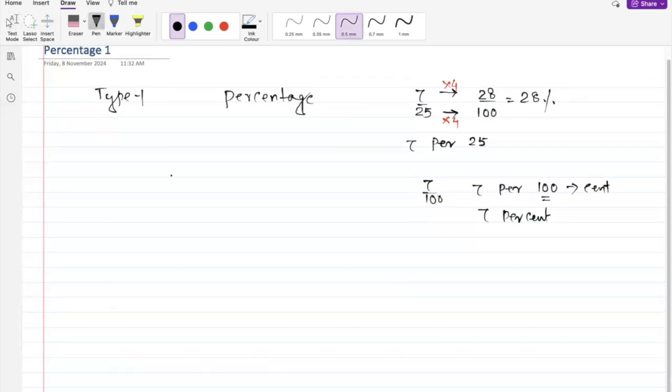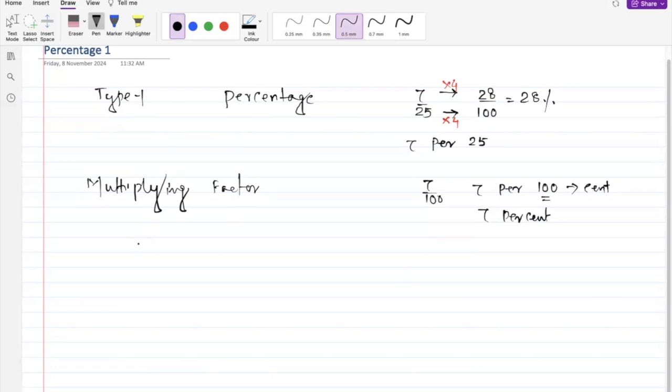Okay. So now the concept, whatever I'll be discussing, is known as multiplying factor. What is this multiplying factor?